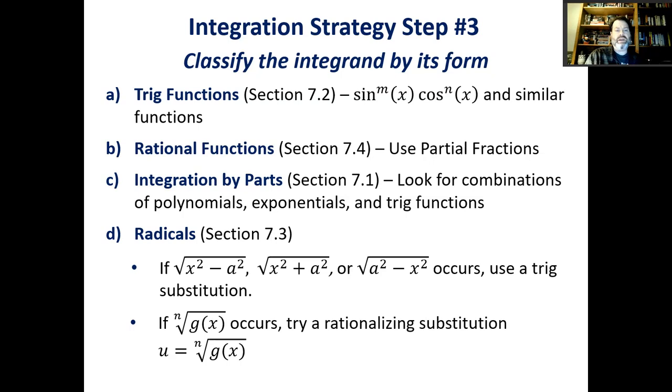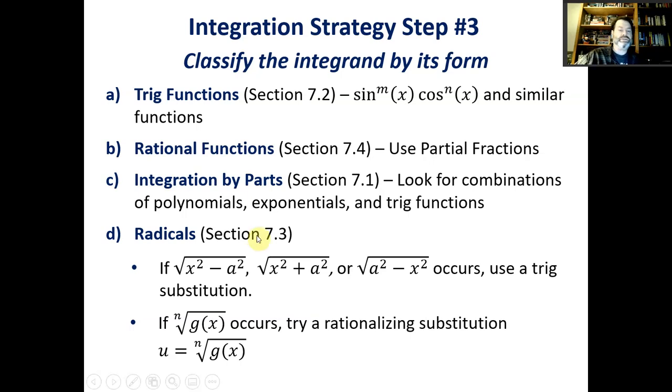If you see combinations of polynomials, exponentials, and trig functions, as we've seen, that's integration by parts. Integration by parts is good at doing lots of different kinds of integrals, but because it's a very long process, you don't want to use it unless the other techniques don't work.